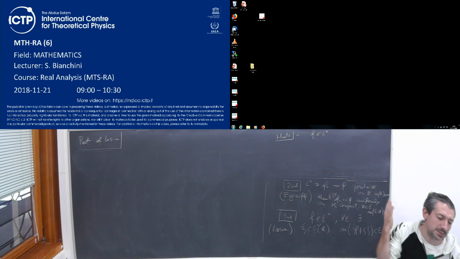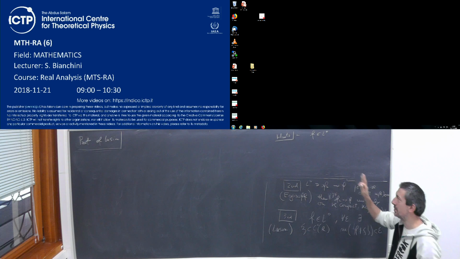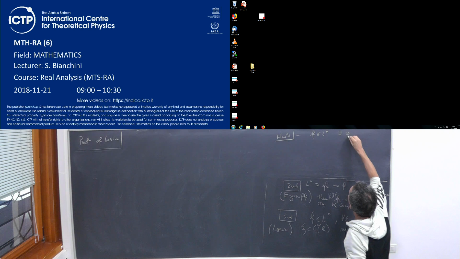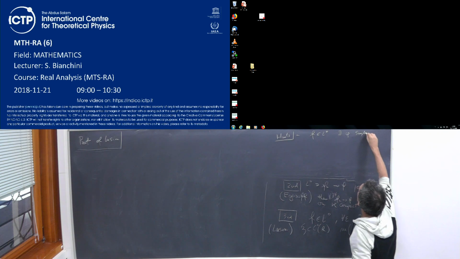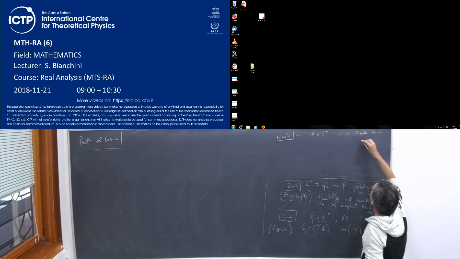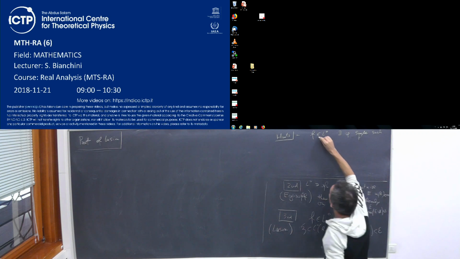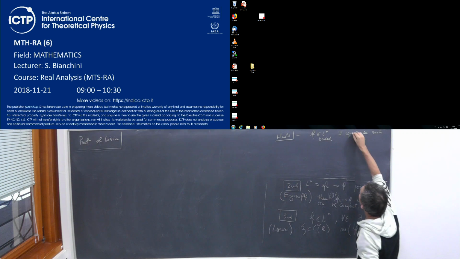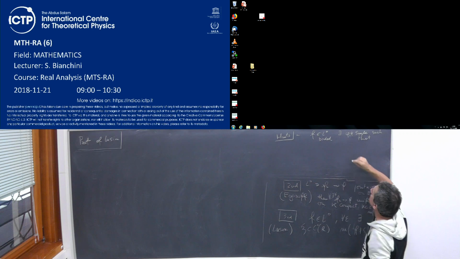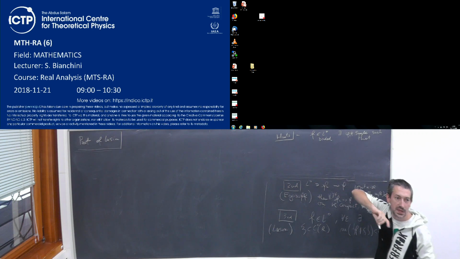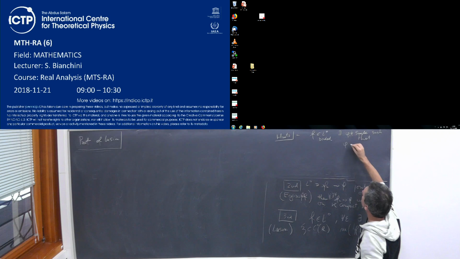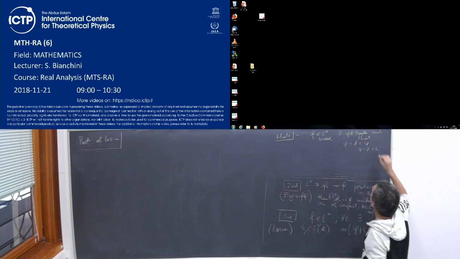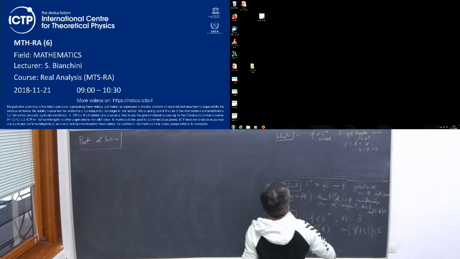You don't have sets where it is plus infinity, so it always assumes values in R. There exist phi and psi simple such that they converge to f pointwise, phi less than f less than psi, and psi minus phi less than epsilon. And they are bounded.